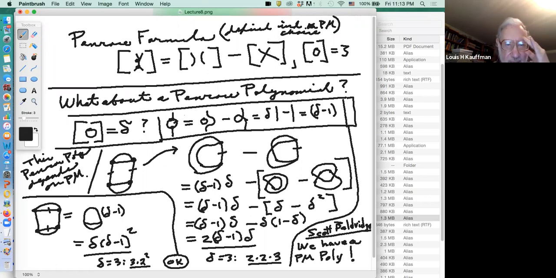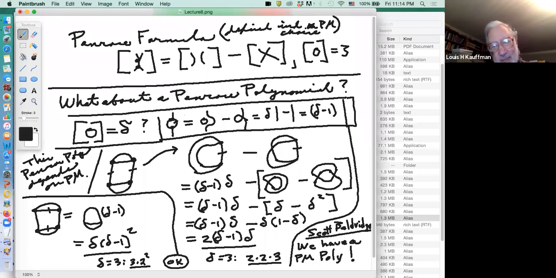And then you would see it didn't depend on any perfect matching choice. But as soon as we decide to deform the Penrose polynomial into a polynomial rather than an evaluation, then it depends on a choice of perfect matching. Any choice of perfect matching gives us an algorithm for computing it.